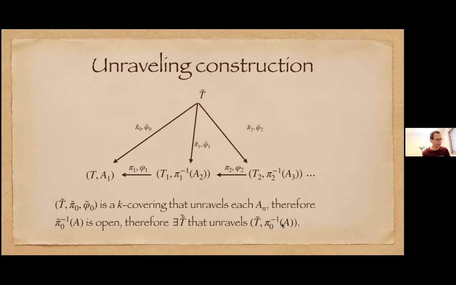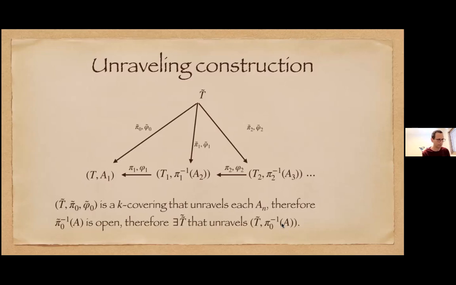Now I look at the game T1, pi1 minus 1 of A2. So I take the inverse image of A2. As I said, since pi is continuous, the inverse image has at most the same Borel level. So now we can apply the inductive hypothesis again and get a covering that unravels the game T1, pi1 minus 1 of A2.